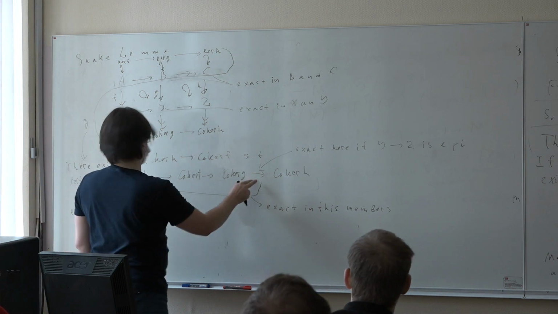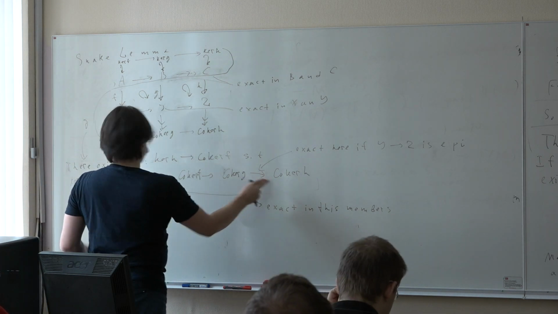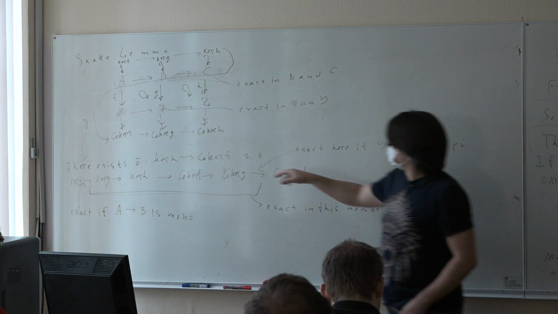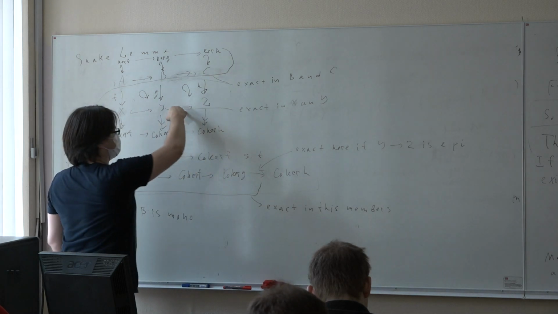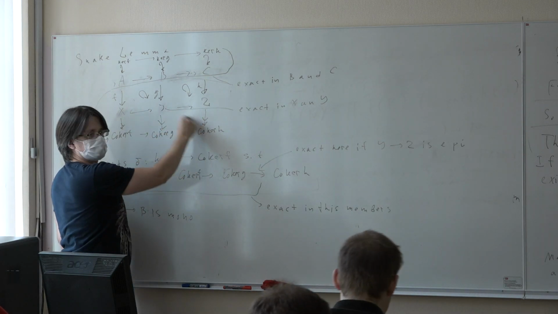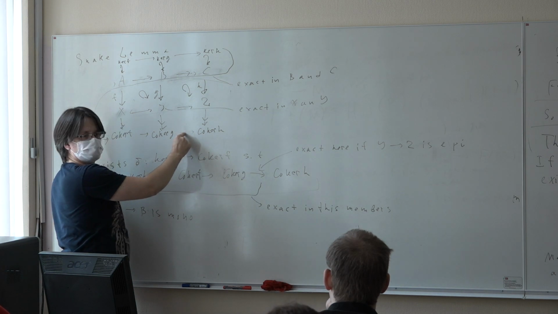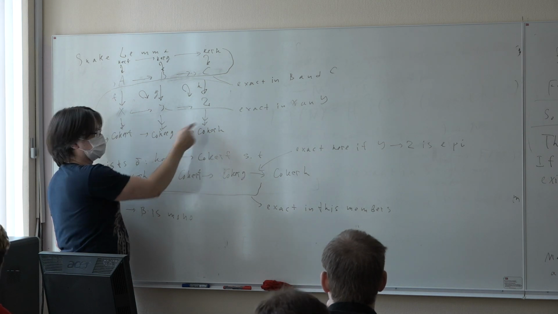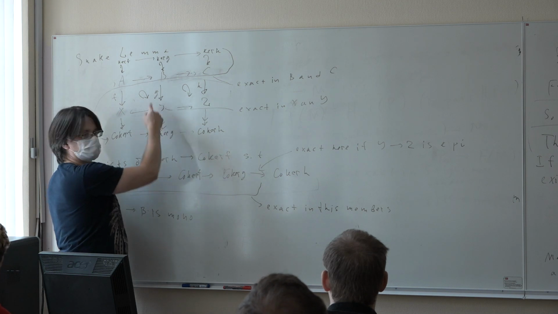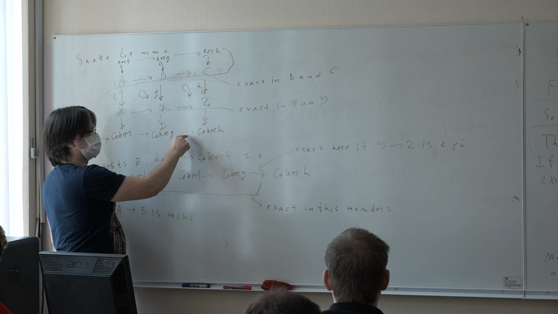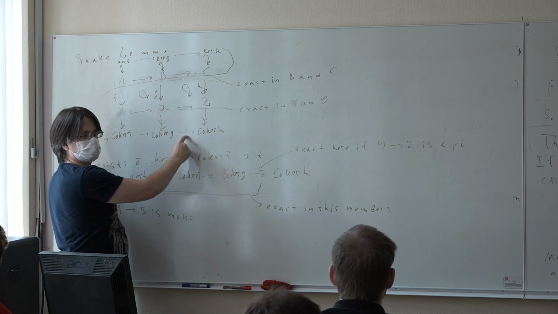Exactness here means again epi, and here mono, and it is more or less clear, because if here you have epi, then this composition is epi, and this has to be epi, because when you have a composition of two arrows and this composition is epi, then the last one has to be epi.